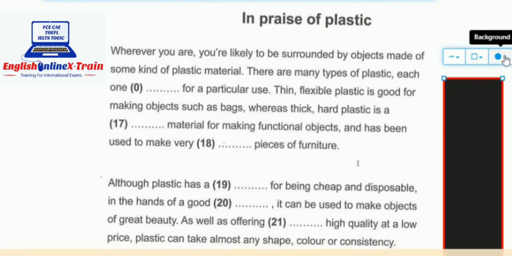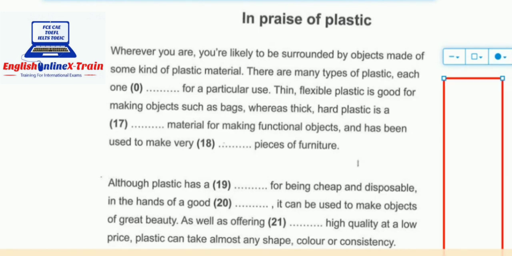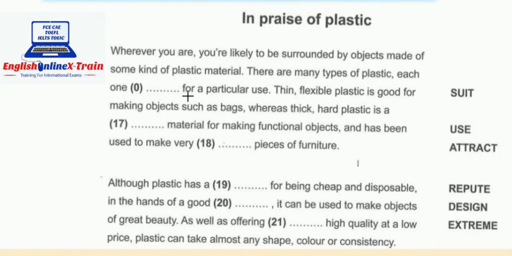Now that we have a better understanding of the context of the text, we are going to look at the options. And for this, we're going to just change the color here, or get rid of it. It is important to know that the words that are here may be an adjective, a noun, a verb, or an adverb.